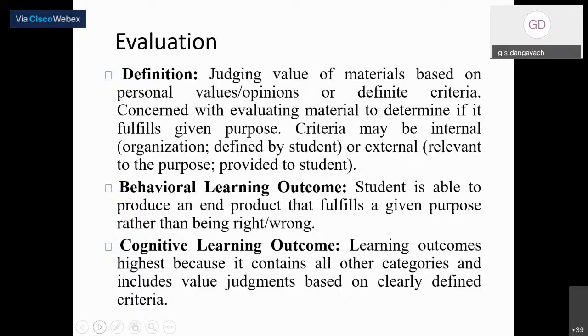Learning outcome: the student is able to produce an end product that fulfills a given purpose rather than being right or wrong. Learning outcomes are highest because they contain all the earlier categories and include value judgments based on clearly defined criteria.